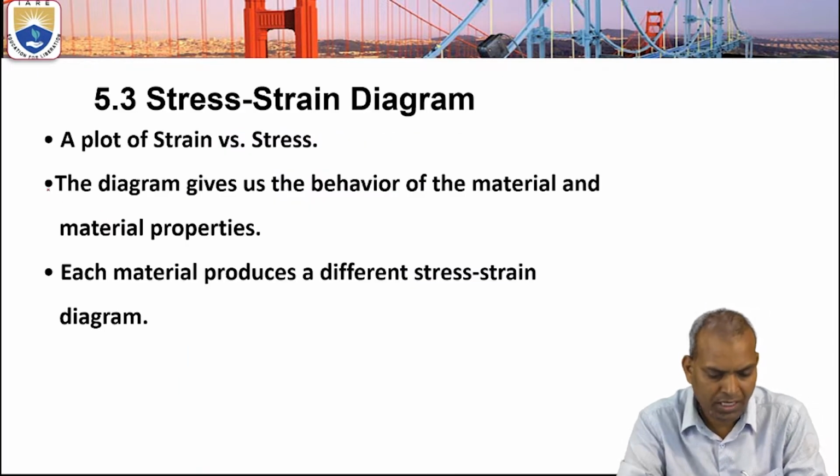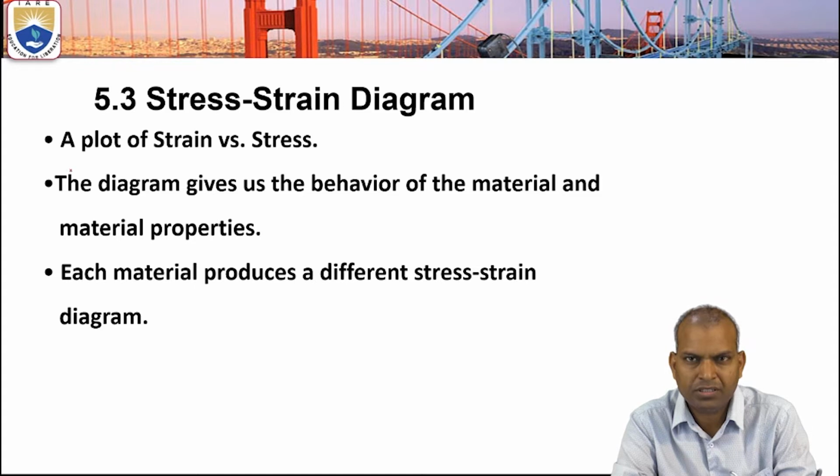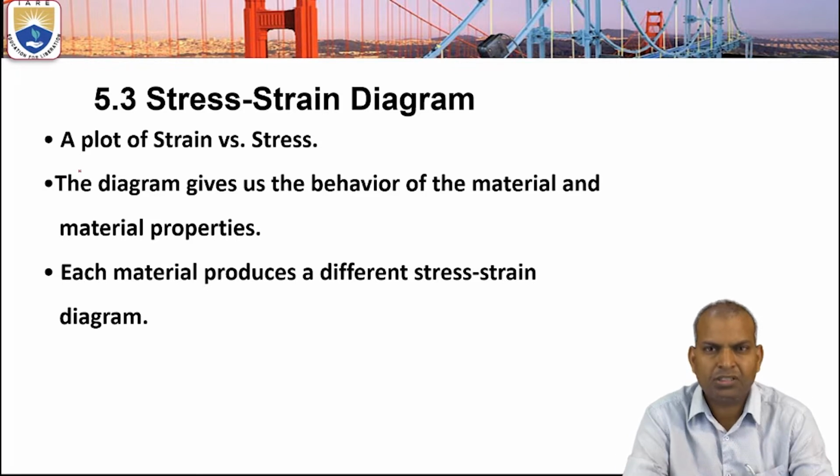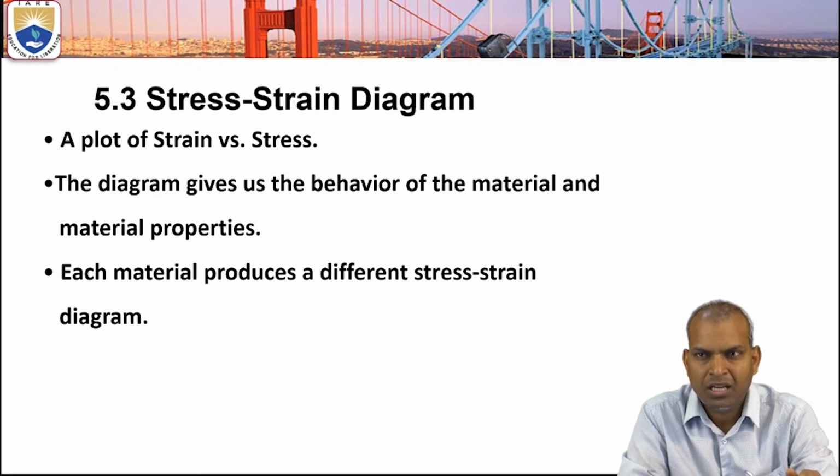Now, the stress-strain diagram is a plot of stress versus strain. Here, the stress is the dependent parameter, whereas the strain is independent. The diagram gives us the behavior of the material and also the material properties.